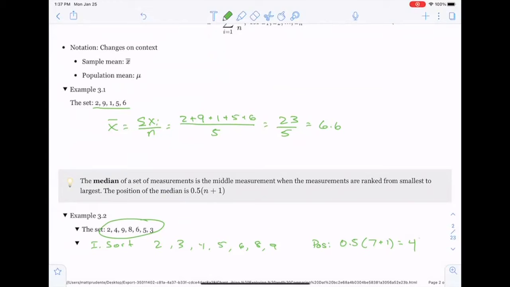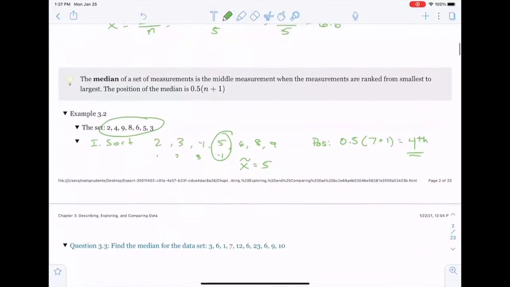So that means this is not our median. It's not 4. The median here is the data point in the 4th position. So 1, 2, 3, 4. This is our 4th position, so our median then would be 5. And typically, the symbol we use for median is this squiggly x or x tilde. We would say our median then is 5.